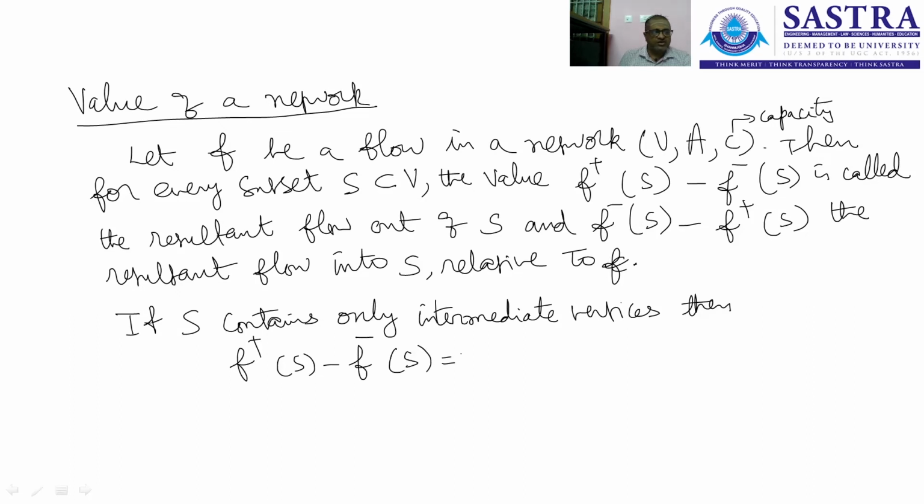Okay, any guess? Yeah, it is right, because it will be 0, because f plus of v will be f minus of v for every v in the intermediary vertices I. Okay, so in this case you have f plus s minus f minus s is 0 if you have only the intermediary vertices.